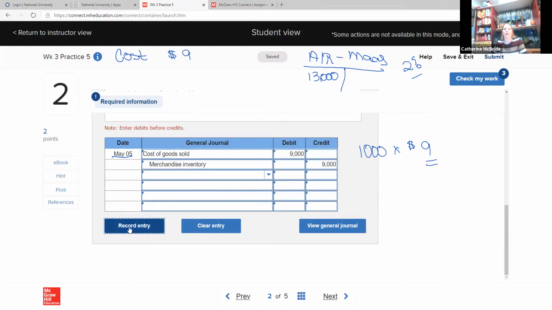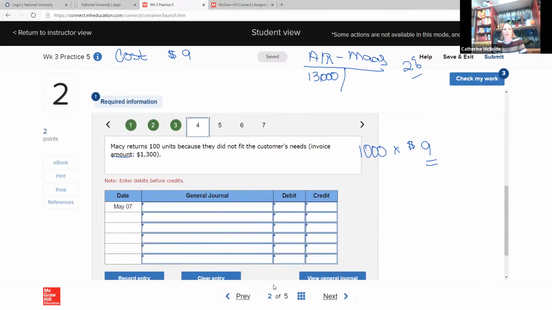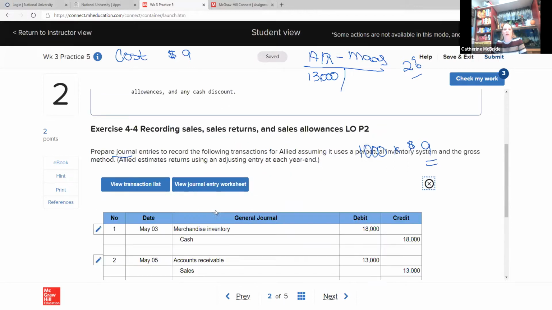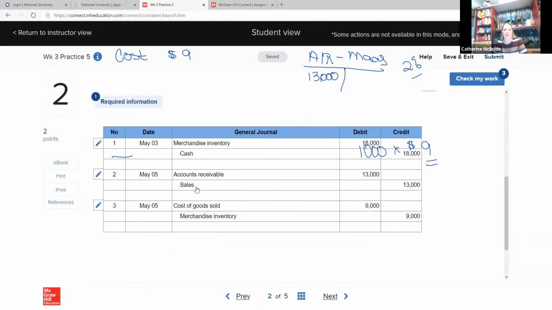So when we're done with these two, what we've recorded is we have on our books sales of $13,000 and cost of goods sold of $9,000. So here we've recorded our sales at $13,000. Those go on our income statement, right?